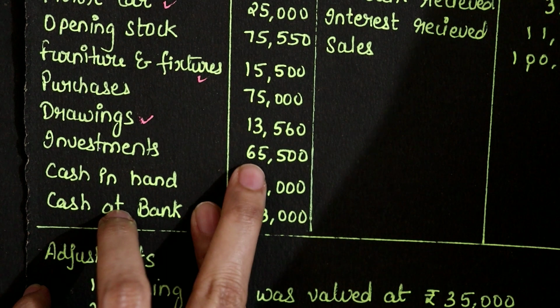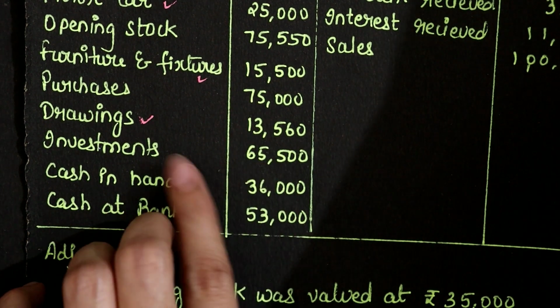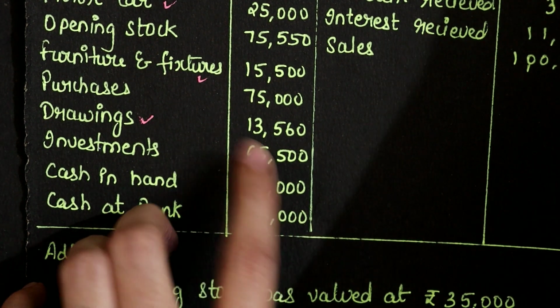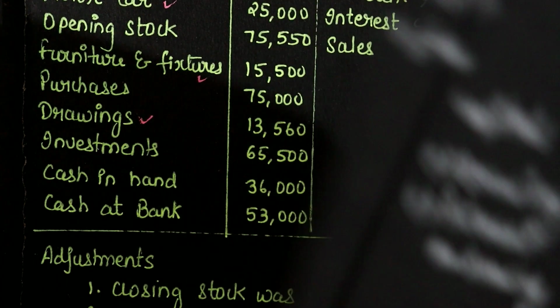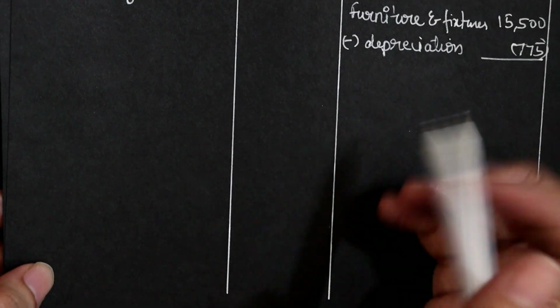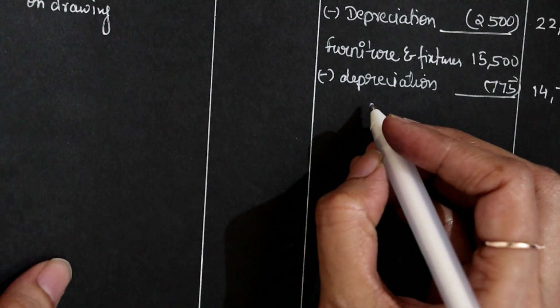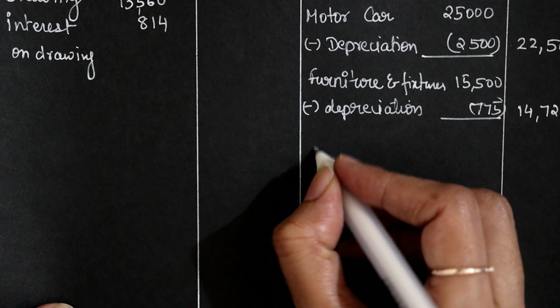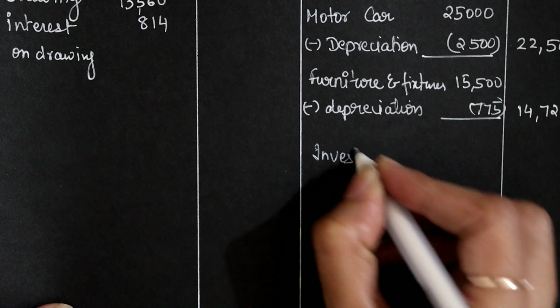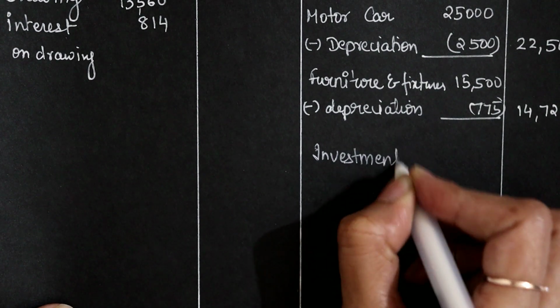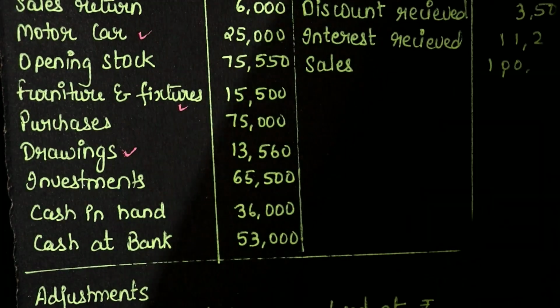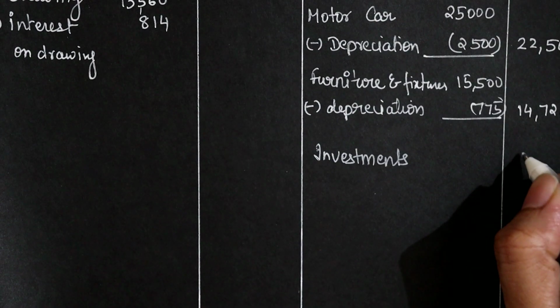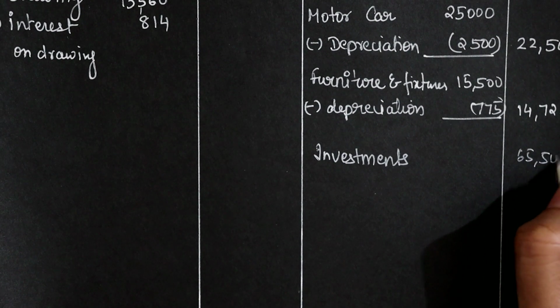Then we have investments. It does not have any adjustment. The value of investment is shown on the asset side of the balance sheet. Investments amount to 65,500.